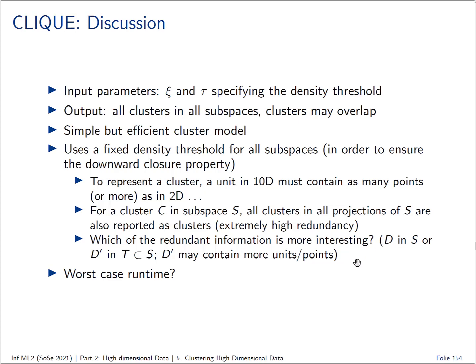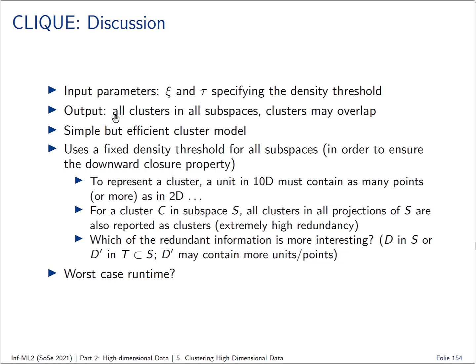So a short discussion on that here. The input parameters are the density thresholds. Xi is the number of intervals, so it implicitly defines the volume, and tau is the minimum number of points that need to be there to say that a unit is dense.